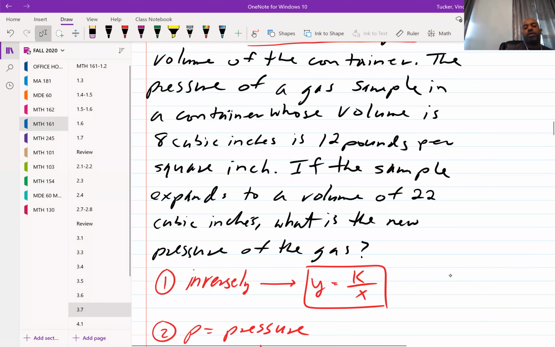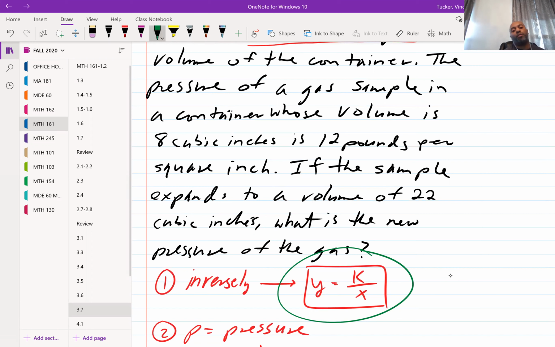Okay, first step is to find the key phrase, and that's inversely. That's going to have us set up our problem, y equal to k over x. So we need to establish what those variables are.